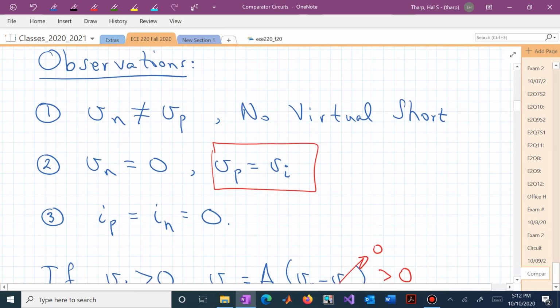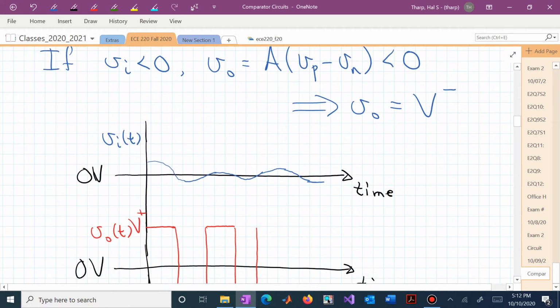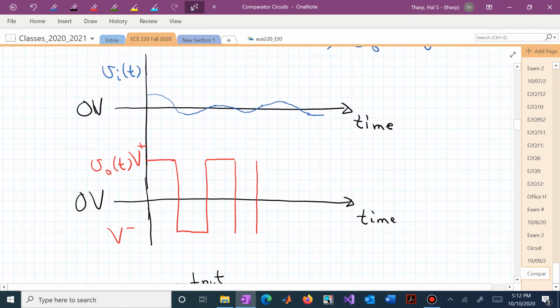If it's less than 0, we saturate at V minus. Our output is going to be swinging back and forth between V plus and V minus, based on the input V sub I.